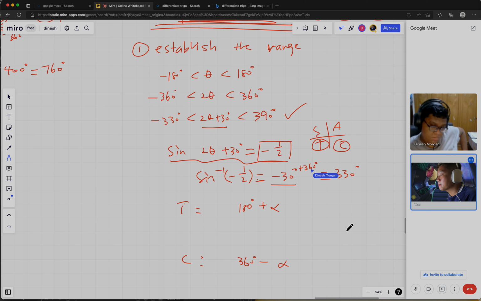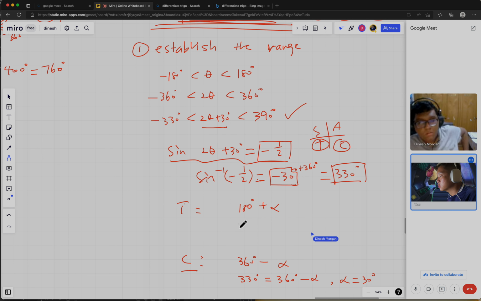That means negative 30 refers to the same position as 330. 330 is in the C region, so 330 is equal to 360 minus alpha, therefore alpha is 30. So you put alpha back to this, and another answer is 210.